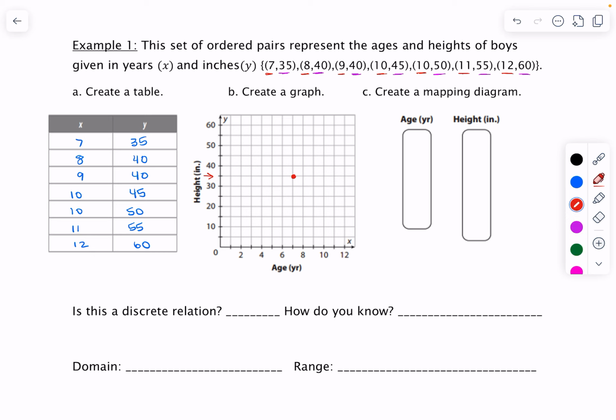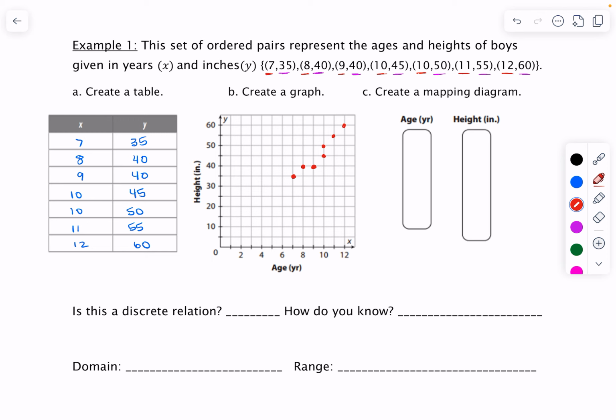The next one is 8, 40, so I'm going to go to 8 and go up to 40, make my next coordinate pair. 9, 40, third coordinate pair. 10, 45, fourth coordinate pair. 10, 50, there's my fifth one. 11, 55, and 12, 60. So those are plotting coordinate pairs.